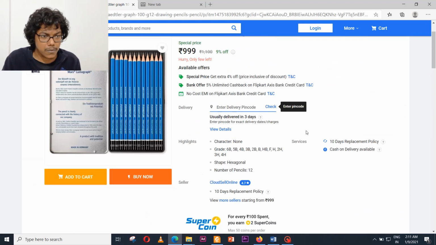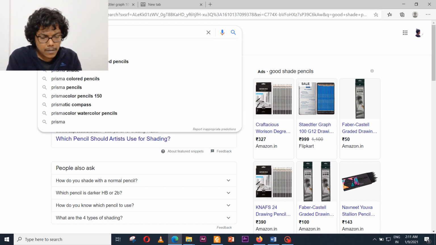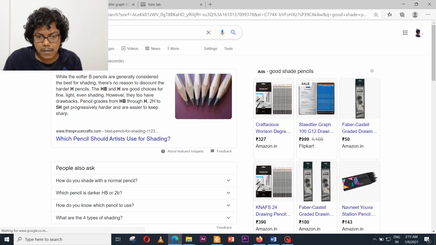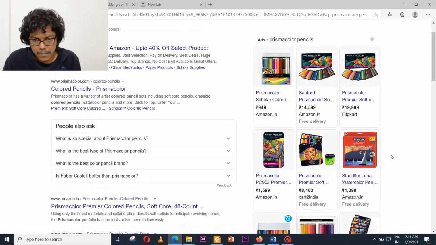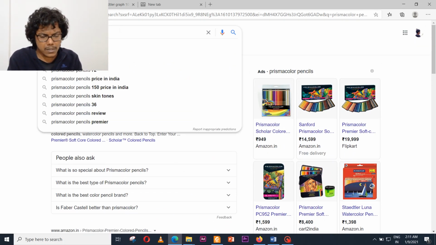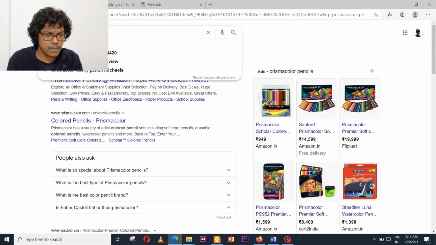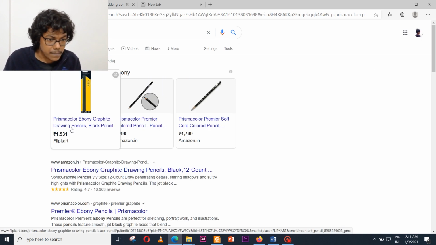Then I also had the Prismacolor one. I also used not this one. This is quite costly. The Ebony, I guess I had this one. Yep.